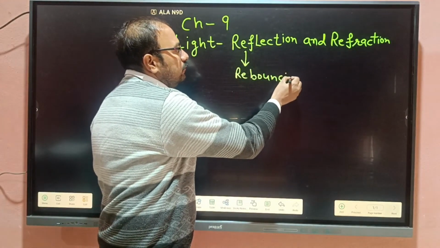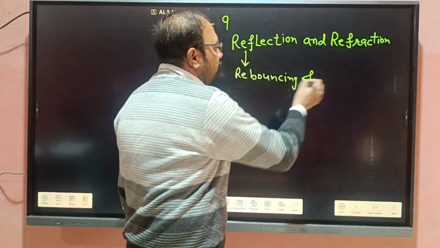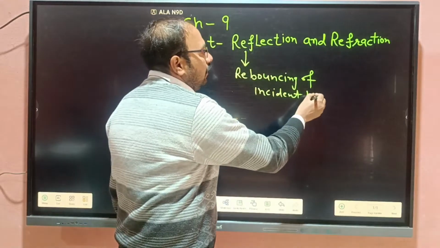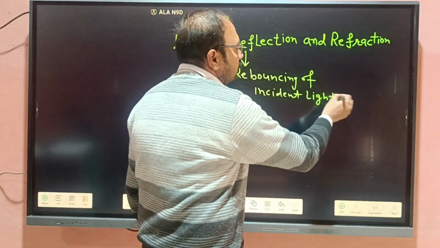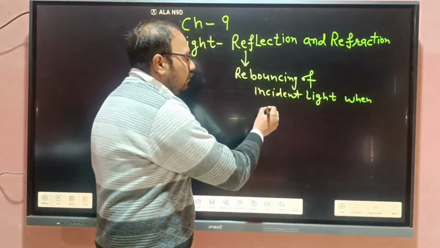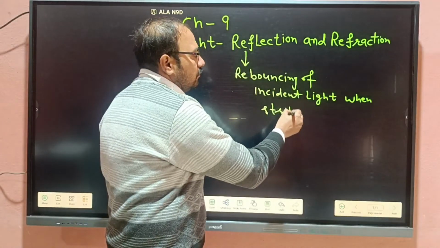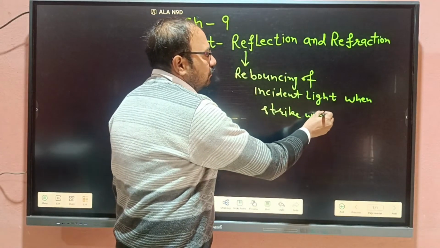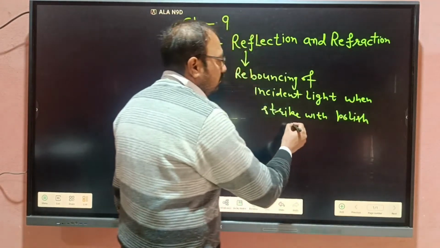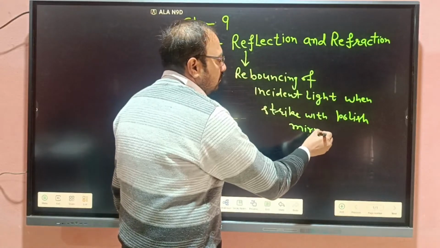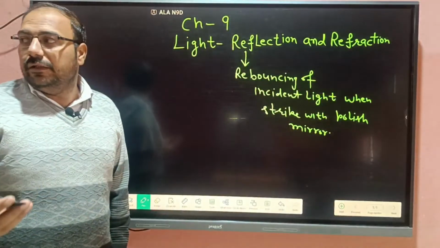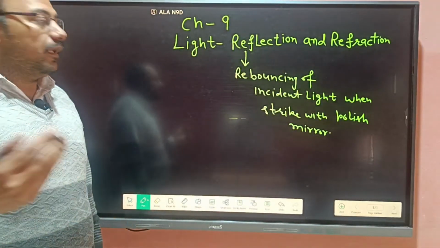Rebouncing of incident light when it strikes a polished mirror. So that rebouncing of light is known as the reflected light.